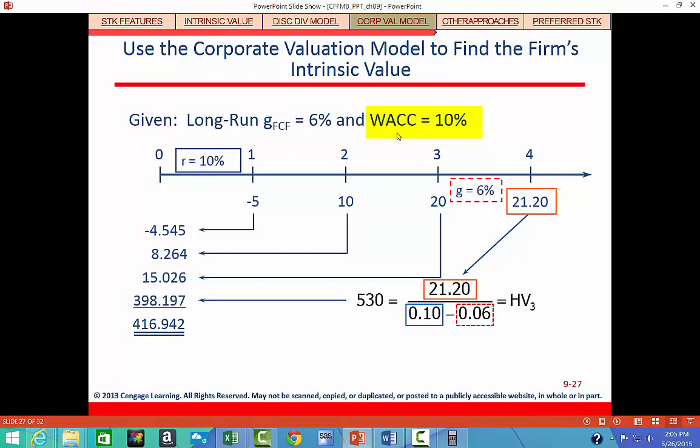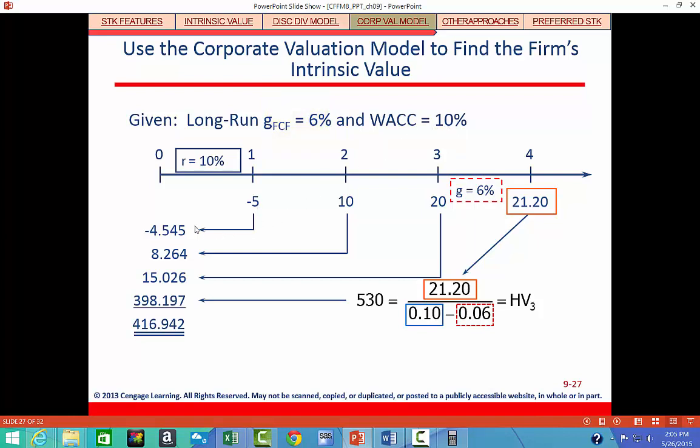This is for the whole firm, so we're using the weighted average cost of capital, and that WACC represents the average cost of its common equity, its debt, and its preferred stock. It's the same process. The long run growth rate is 6%, and the discount rate that we'll use, the WACC, is 10%.